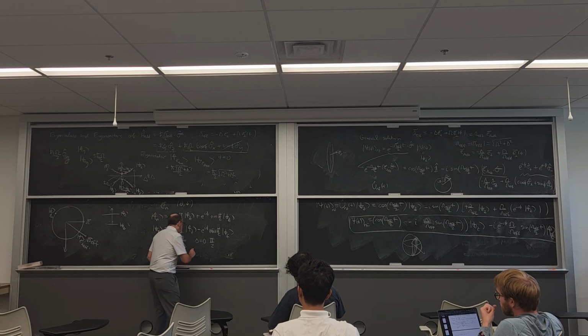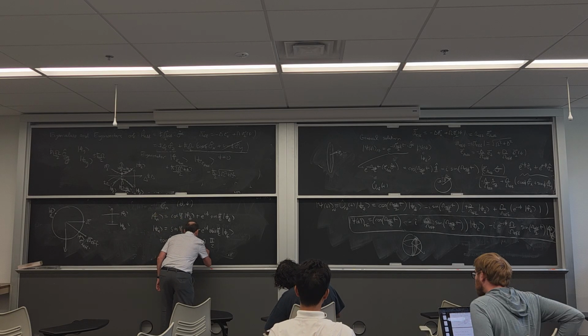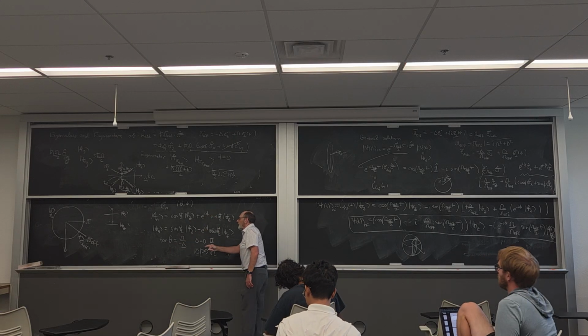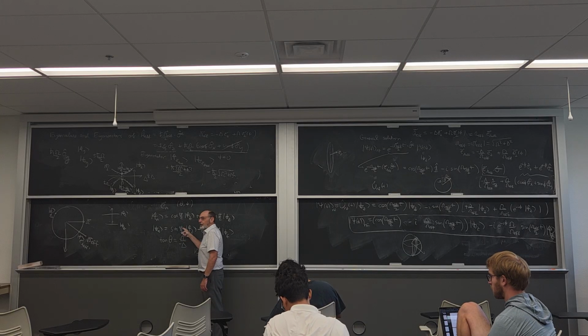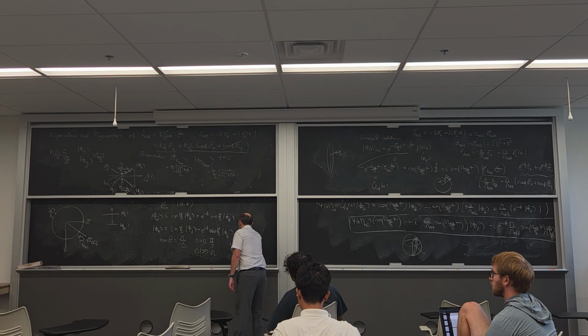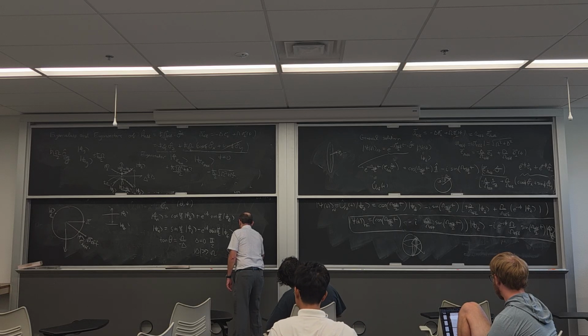When delta is much, much bigger than omega in magnitude, this is a small number, in which case tan theta is approximately equal to theta.